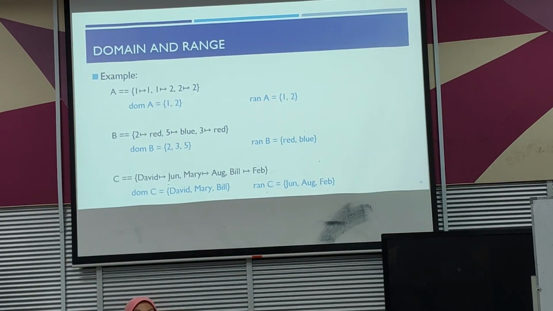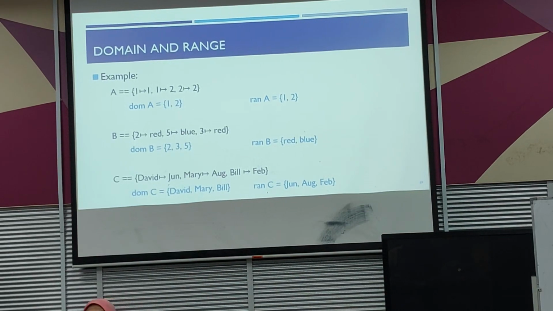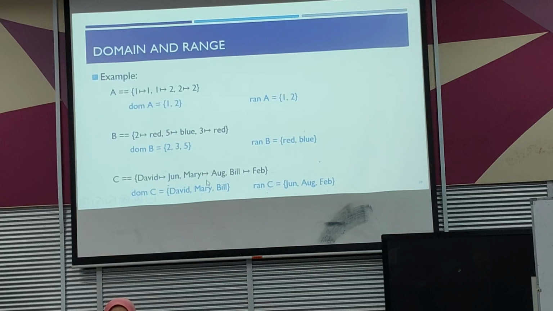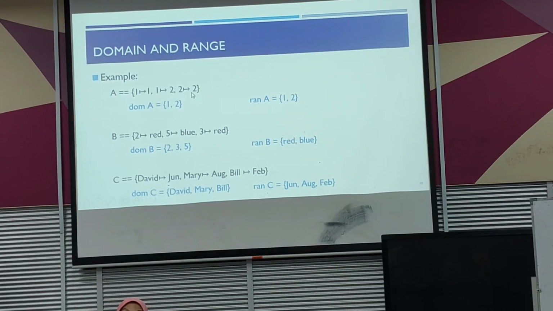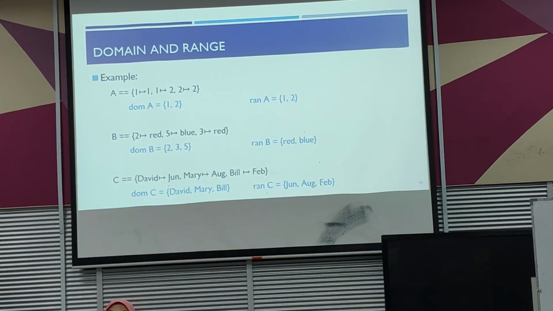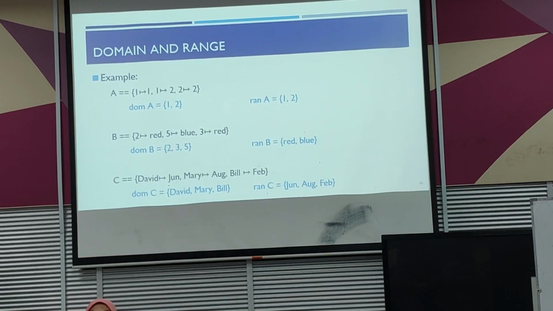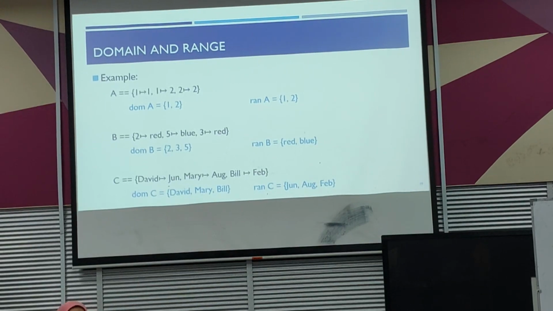You have to put 1, 2. Same thing for B, same thing for C. So you can use dom and ran to show which data you want to access or retrieve. You are going to use a lot of domain and range later when you start with your operation schema.